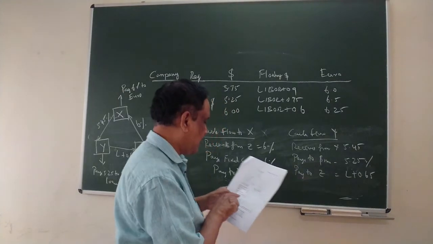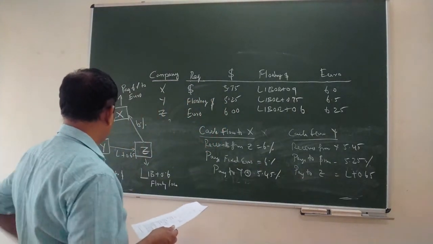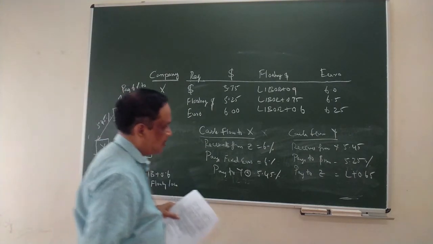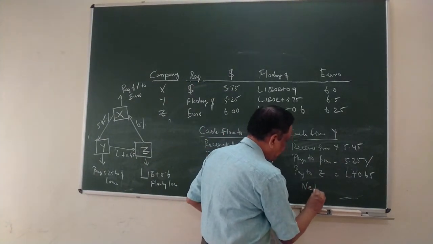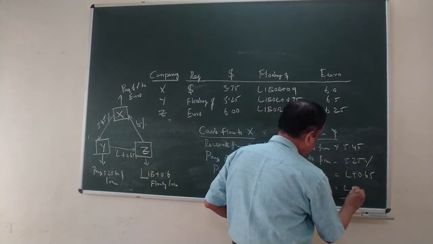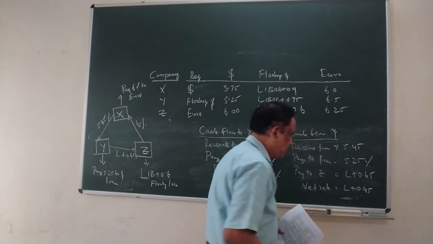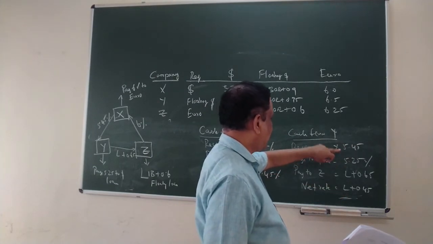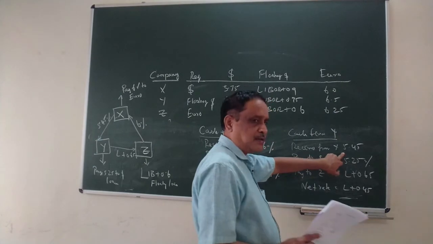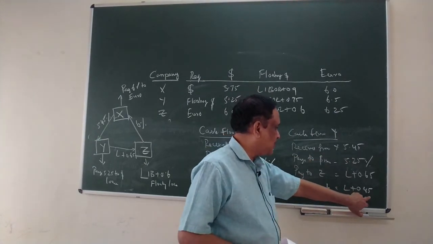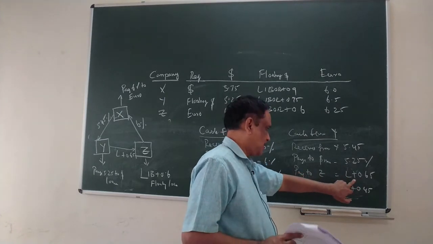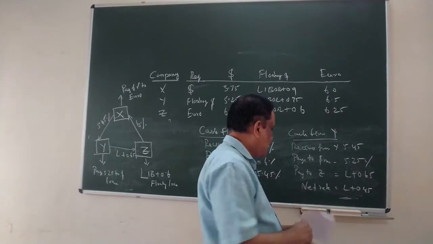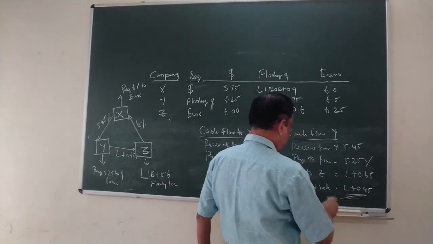We have calculated the net rate is L plus 0.45. Here there is a benefit of 20 points, so if you add that, it will be L plus 0.65. You put it in Z. They will be paying to Z L plus 0.65. Anyhow, this net rate is very important.